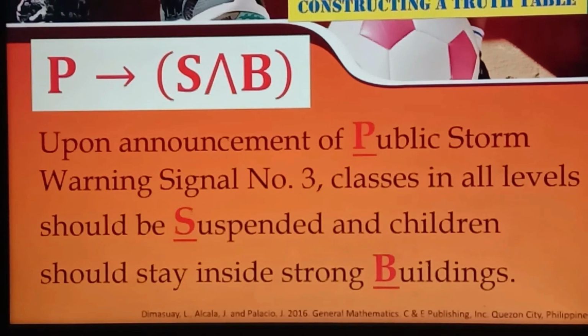Now, in terms of constructing a truth table, there is one thing that you should know. You have to follow a particular pattern here, because in constructing the table, you have to be very careful with the particular number of rows and columns. In terms of the number of rows, it will be 2 raised to n, where n is equal to the number of letters involved.